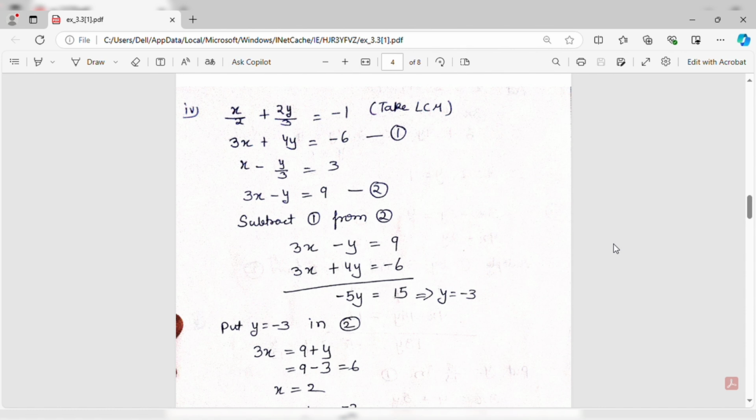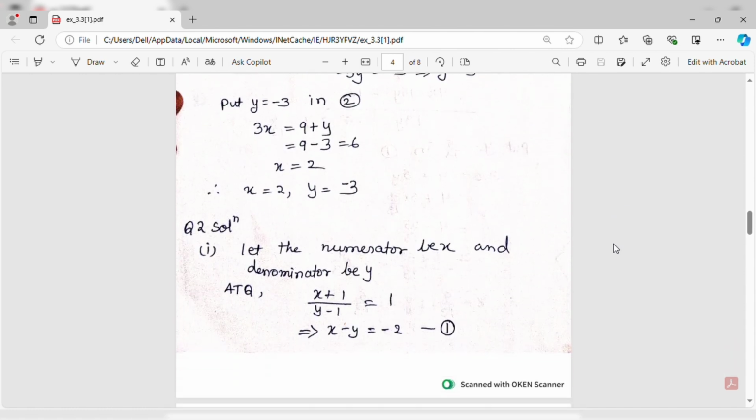So we will get second equation as 3x minus y equal 9. So simply we will subtract first from second equation and we will get y as minus 3. And by using this value, we will get x as 2. So x is 2 and y is minus 3 for this question.